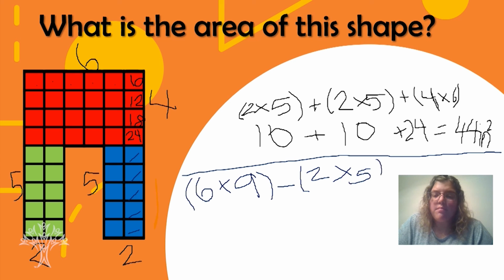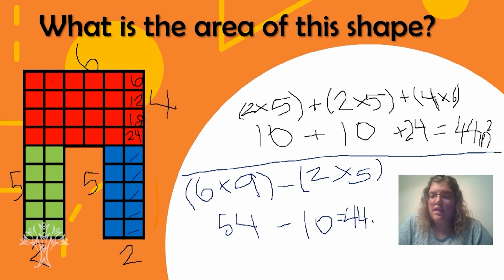Now the problem before, we had that 6 times 9 equaled 54. And if I take away 2 times 5, which equals 10, I do still end up with 44. That's a great way to check your work and see, did I do my math correctly?